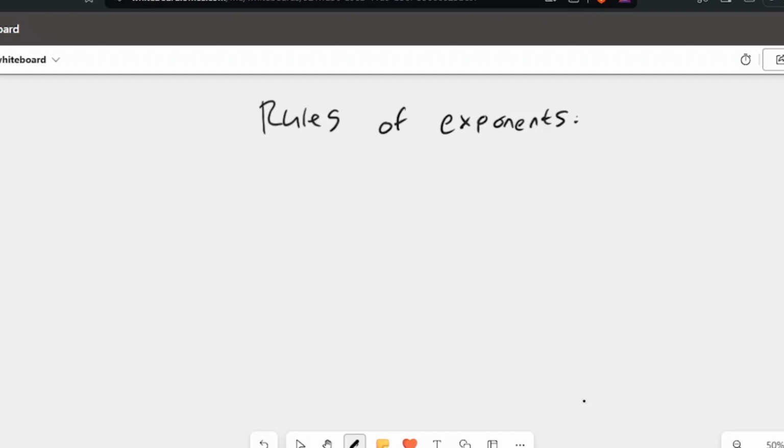So, say we have a base of x, and this would be our product rule, or the way that we're going to essentially multiply an exponent by an exponent.